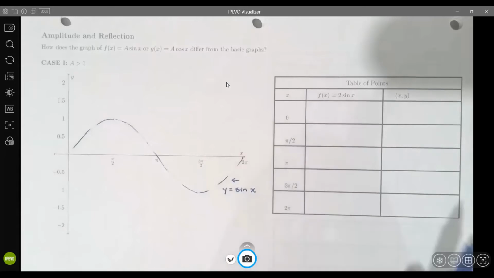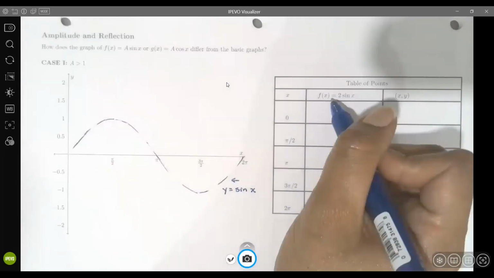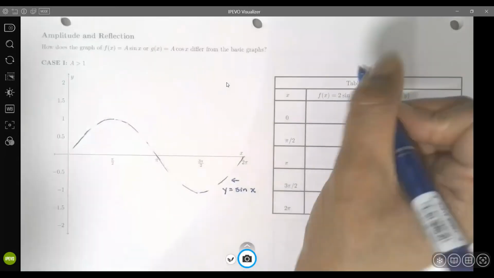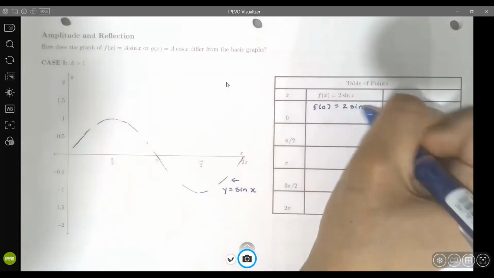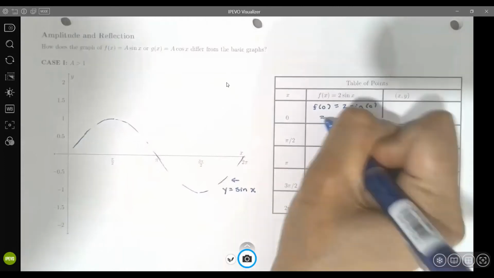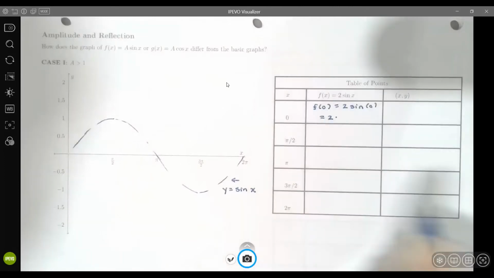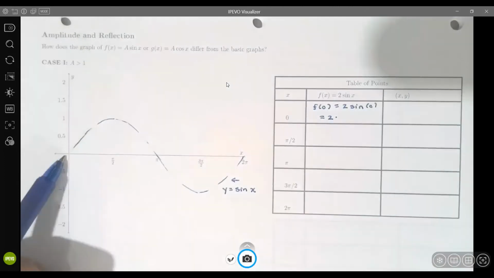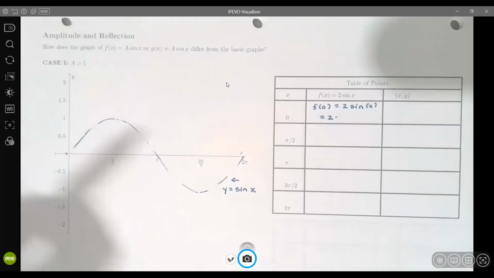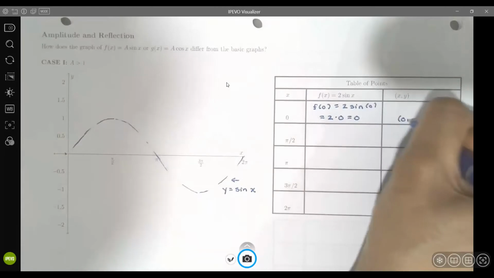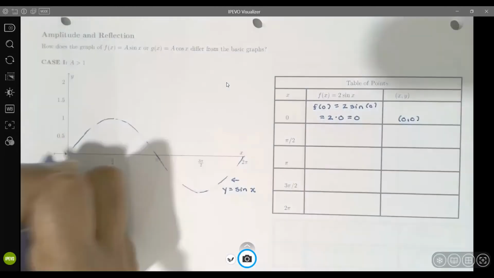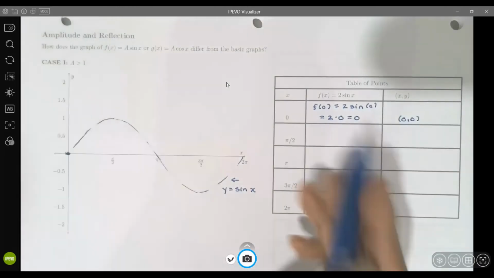So the way that we're going to do it is we're simply going to take these numbers and plug them into the function just like what we did with the basic graphs. We're going to get that f of 0 is 2 times sine of 0. If we look at the original graph at 0, sine is 0. So we're going to get 2 times 0, which is 0. That means that we're still passing through the point 0, 0. Okay, that's still part of this new graph.